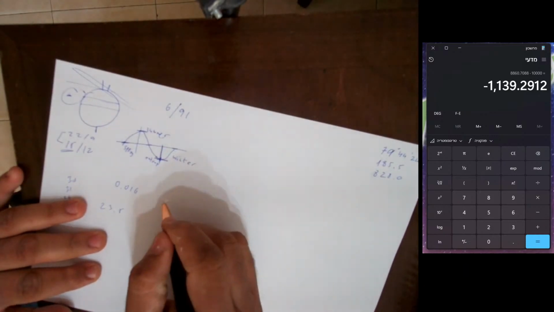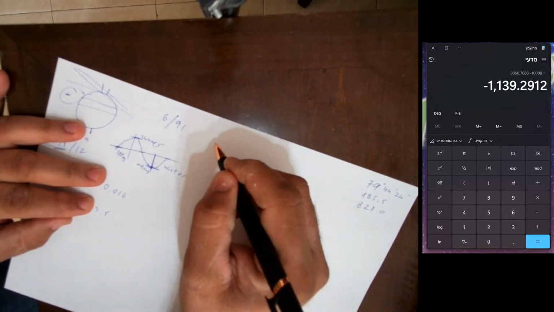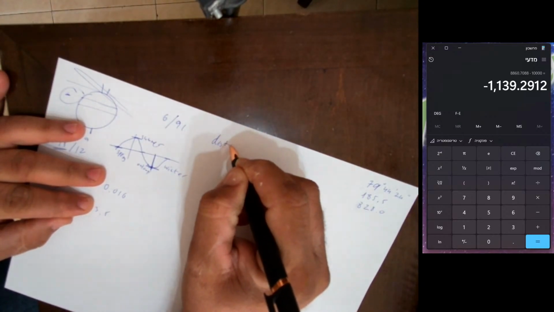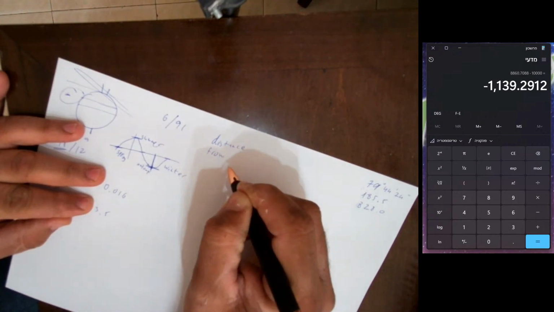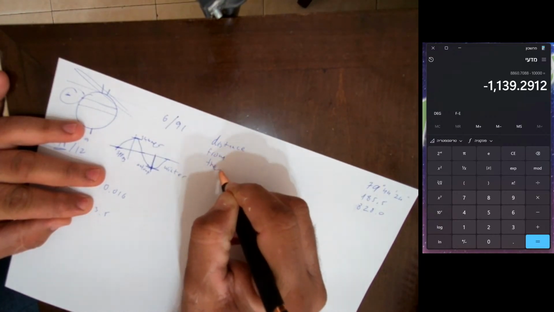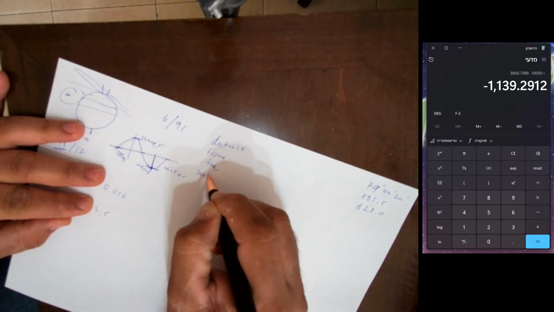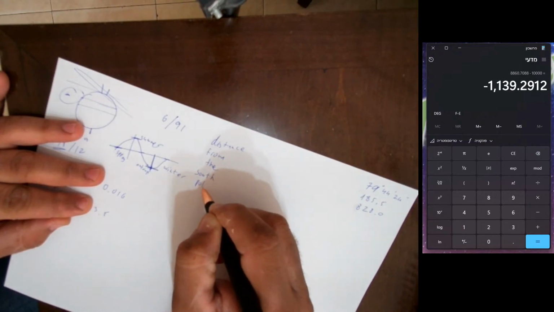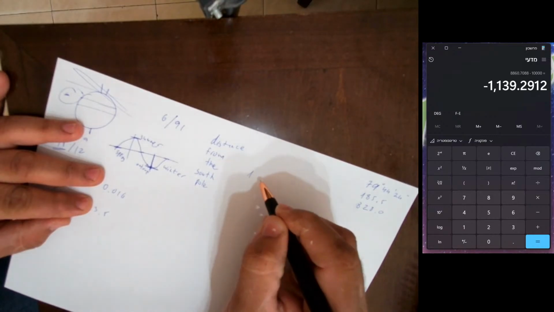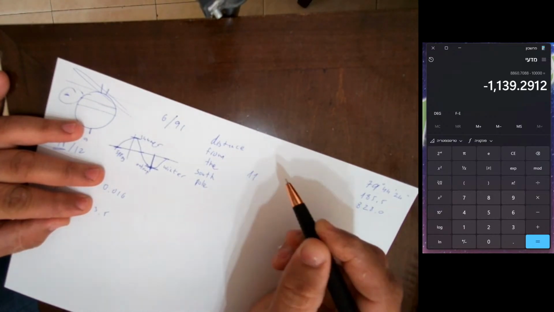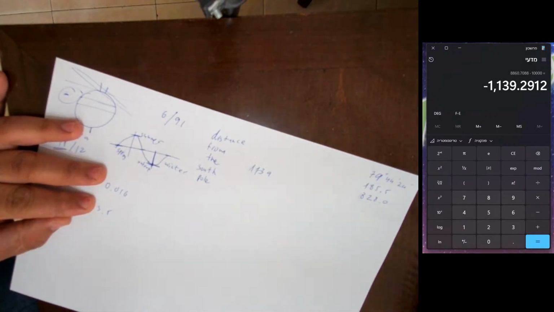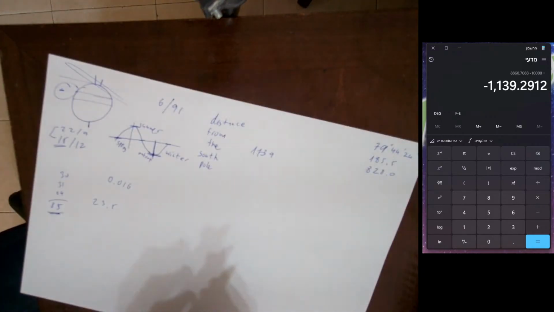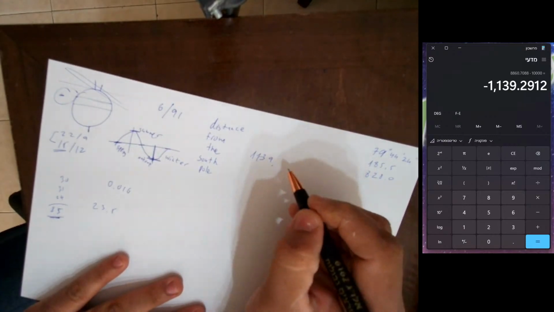Okay, let's write it. Distance from the South Pole is 1,139 kilometers. The meters don't really matter, but you know, let's add that anyway.